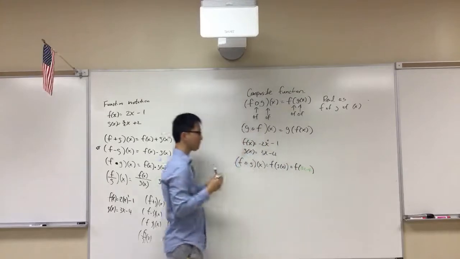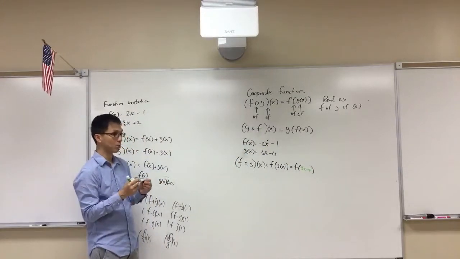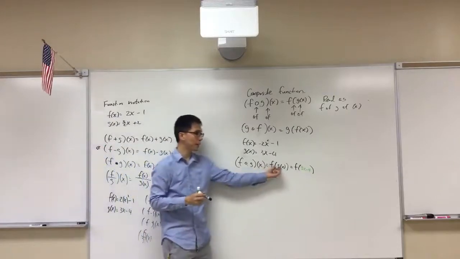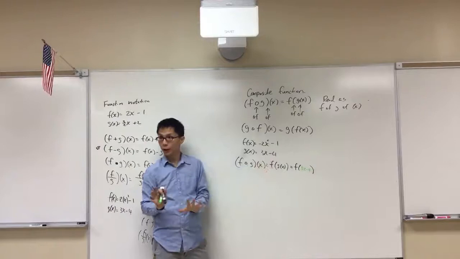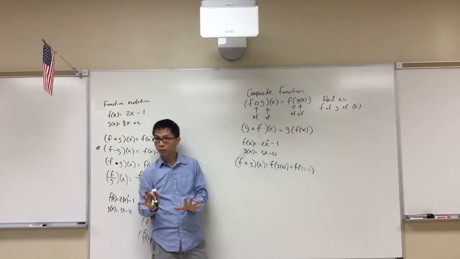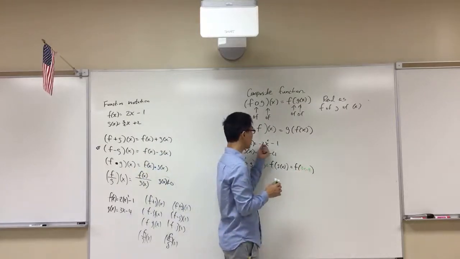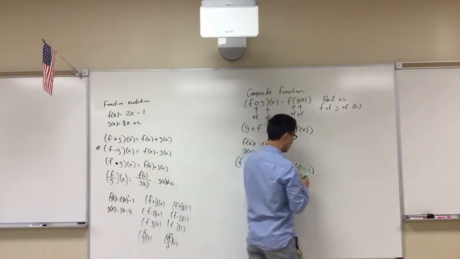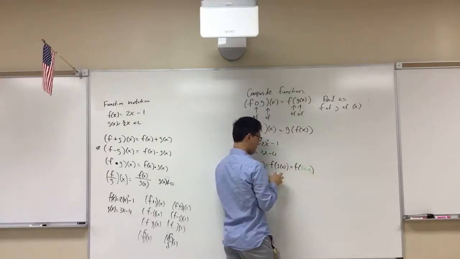You put parentheses over that, because we just replaced g of x with 3x minus 4. Going too fast? Now I'm going to plug the 3x minus 4 into the function here. Everywhere you have x, you're going to insert 3x minus 4.